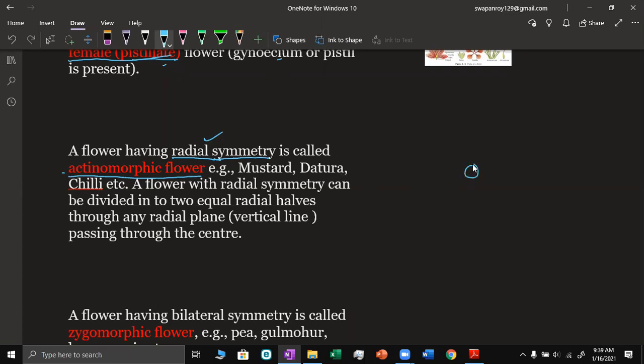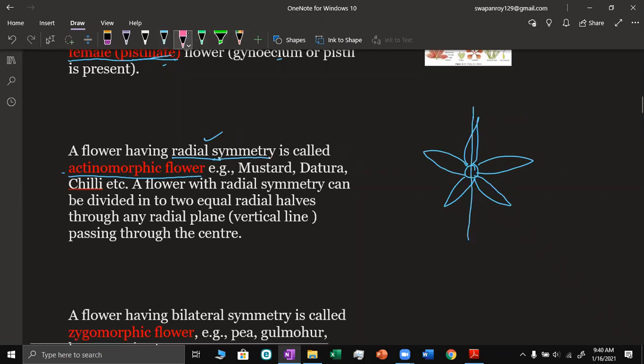In this case, what happens if you cut the flower through any plane, then the flower will be divided into two equal halves. Say if we divide through this line, this side 2.5 petals, this side 2.5 petals.